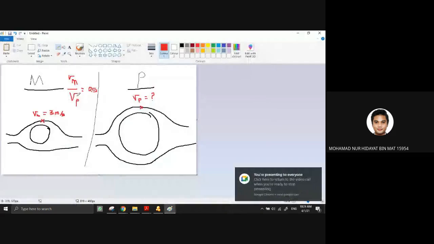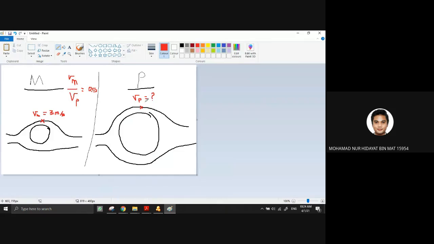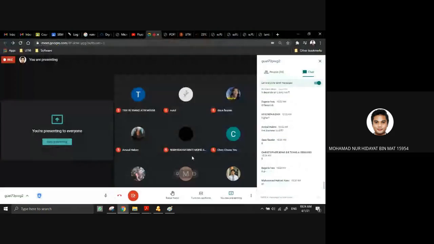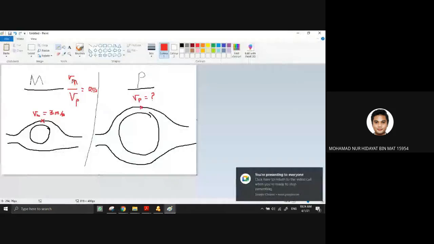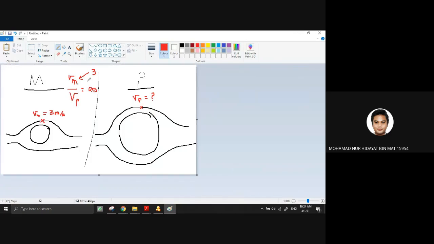Okay, so what is the velocity of the prototype? Anyone, please calculate. What is the velocity of the prototype when the velocity ratio is 0.5? Anyone? Okay, 6. Why? Because you substitute the value 3 here, and finally you will get Vp is 6 meter per second.